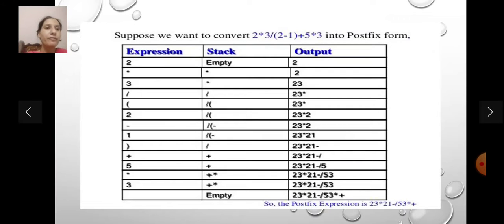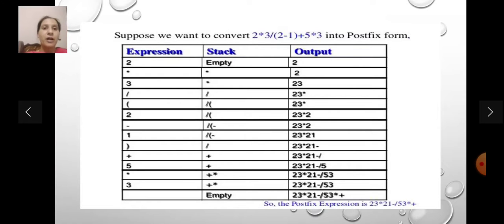Now again we convert infix notation to postfix, and we have the expression 2 multiply 3 divide, then in bracket 2 minus 1 bracket close, plus 5 multiply 3. First we enter 2, the stack is empty, and in output we have 2.